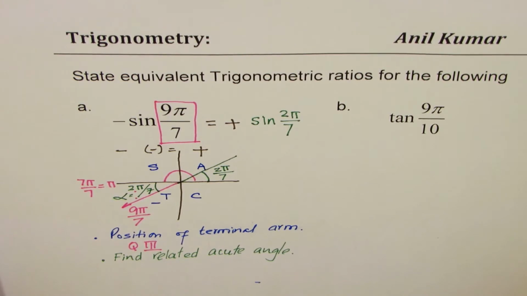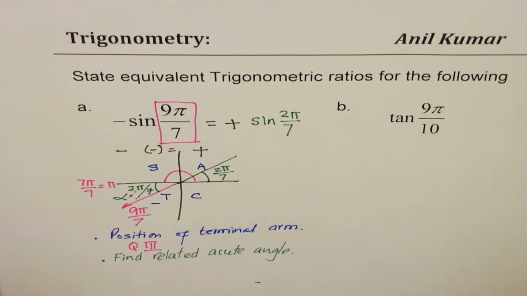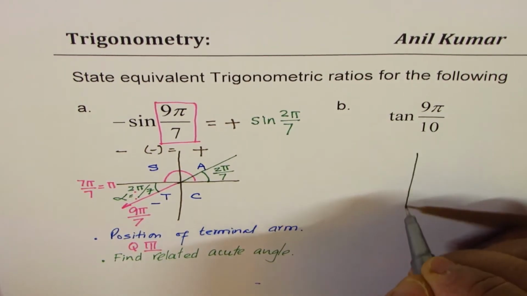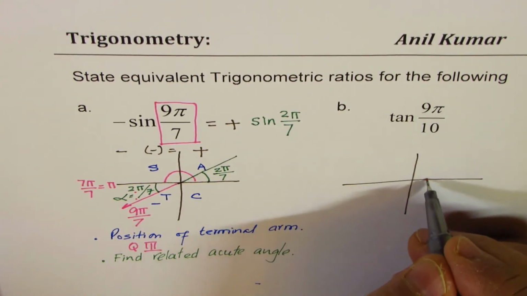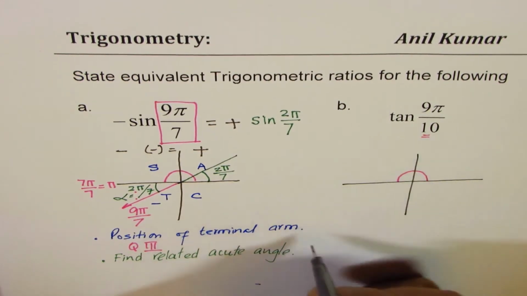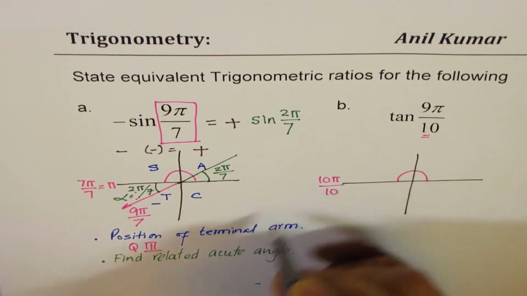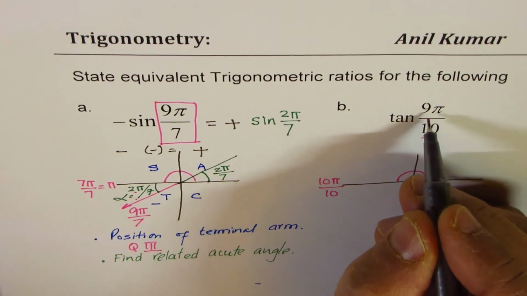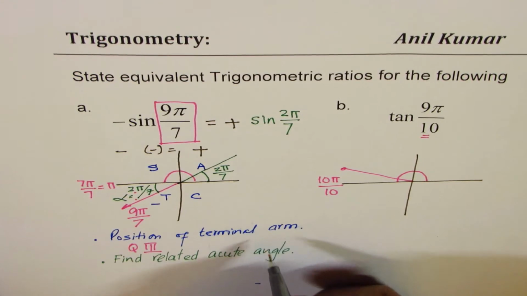That is how you should be doing it, in 2 steps. Let's repeat this for the next question, tan 9 pi by 10. So the first step, as I said, is to find where the terminal arm is. In this particular case, the pi is divided into 10 equal parts. That means this position is 10 pi by 10. We have to consider 9 pi by 10, one less. That becomes the position.